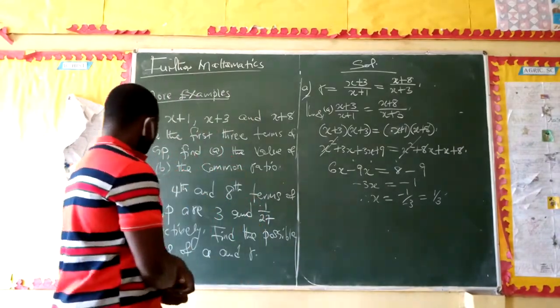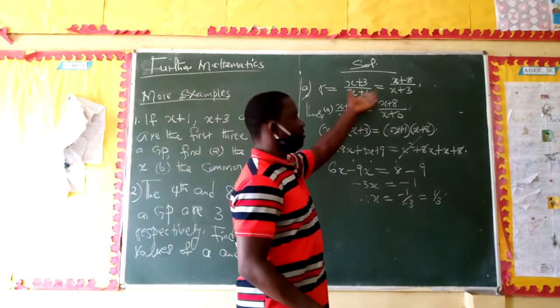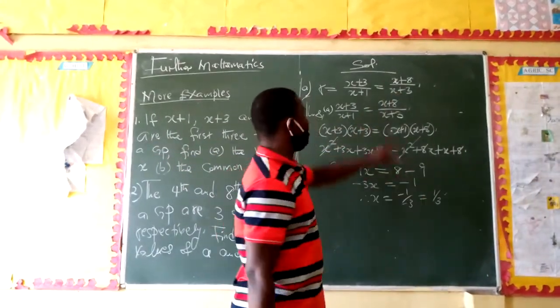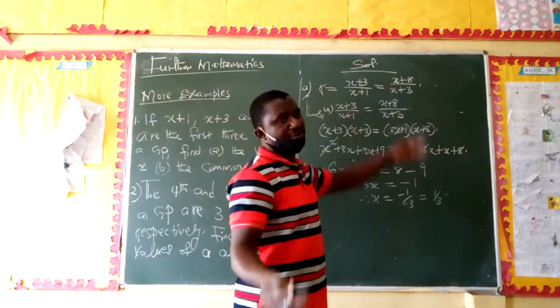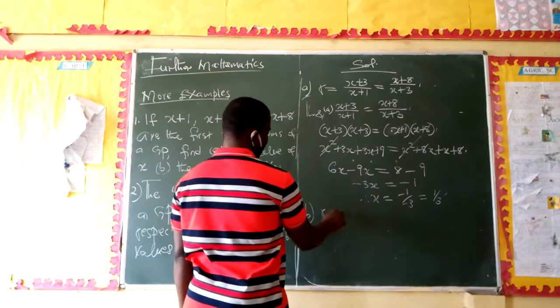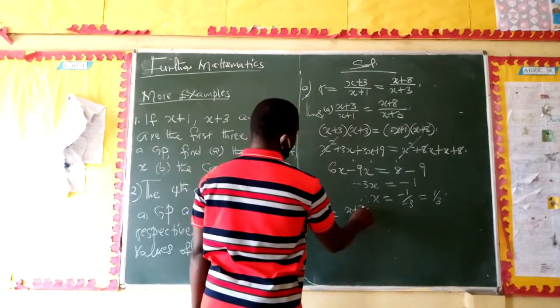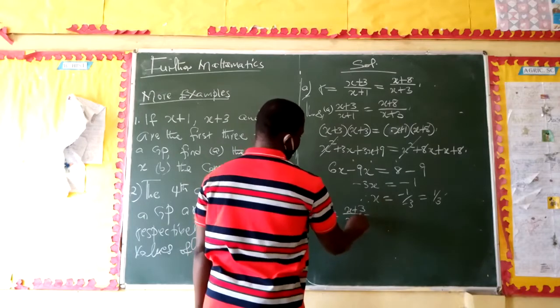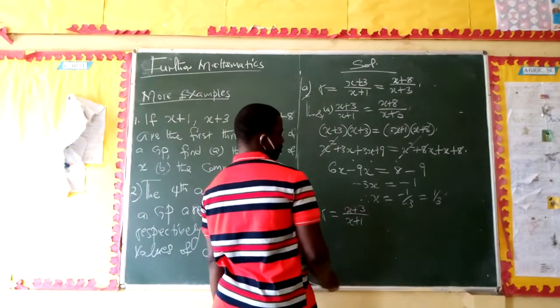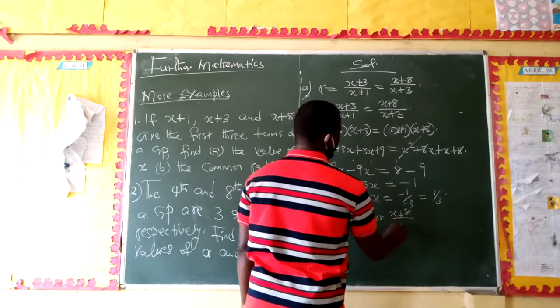B, the common ratio. I can only carry the value of x and substitute in here or here, and then it will give me the common ratio, right? So B, the common ratio is equal to x plus 3 over x plus 1, or x plus 8 over x plus 3.